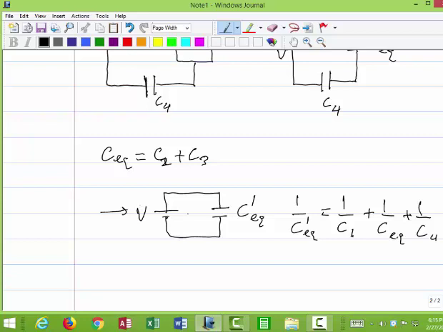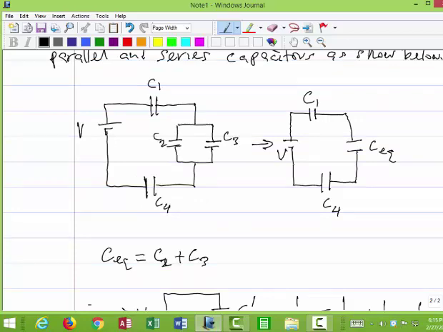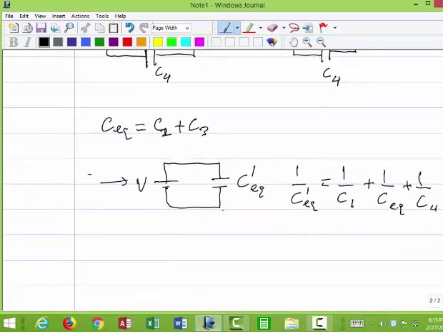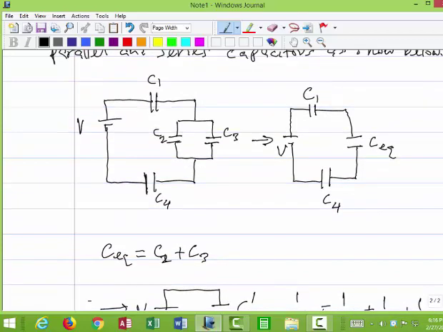So now we have a circuit which looks like this initially, and then we've broken it down into a new circuit, and we finished it up with the final circuit, which is the equivalent circuit for that complicated circuit we had initially.